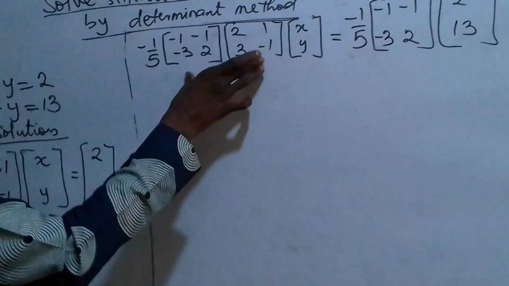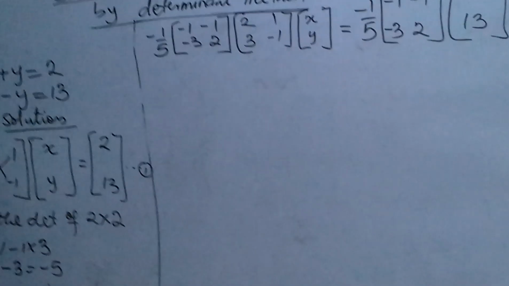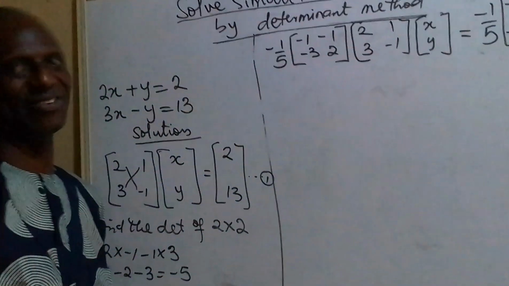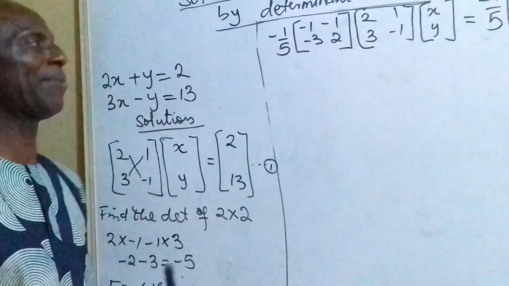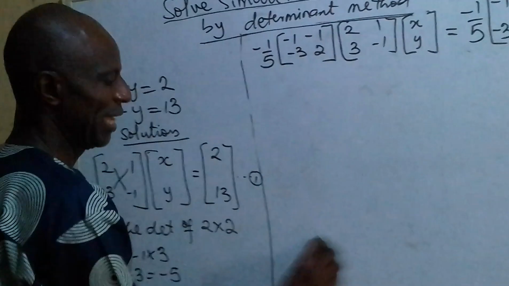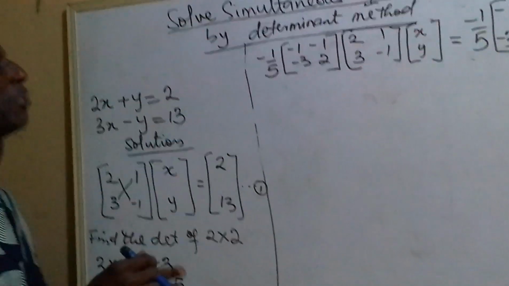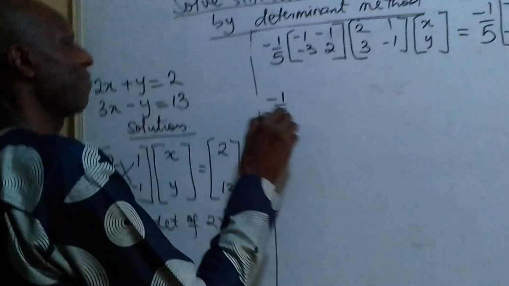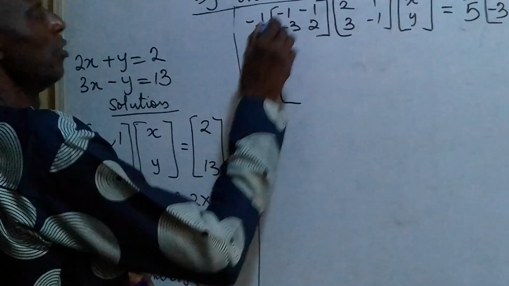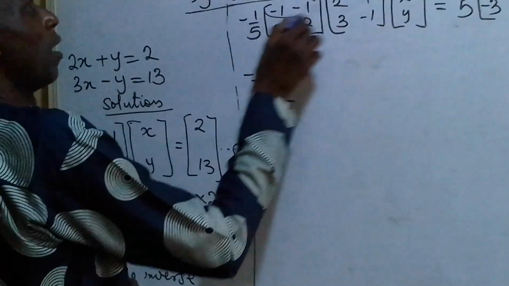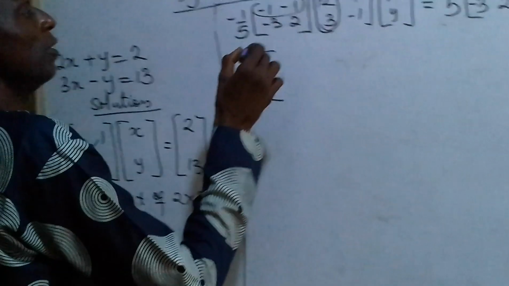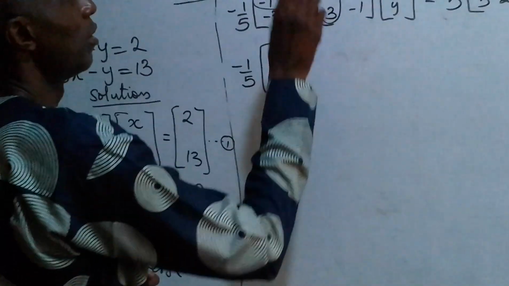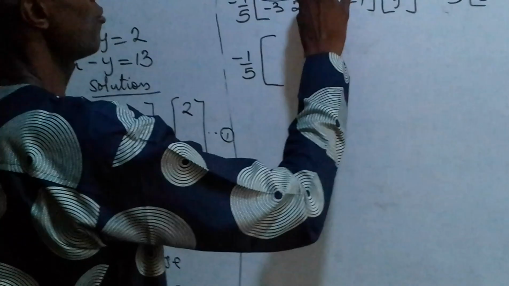When you multiply this by its inverse, you will get the identity matrix. But for the beginners, not for mature minds, let me break it down. We use multiplication of matrices: this row multiplies this column.